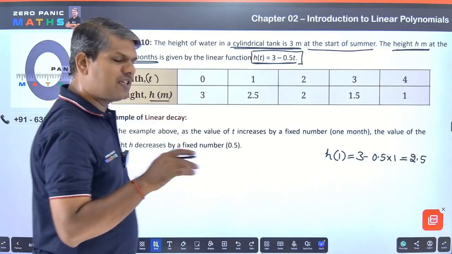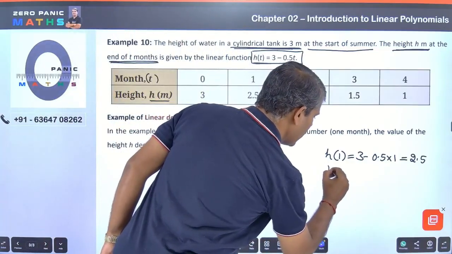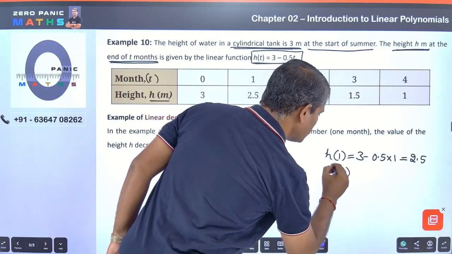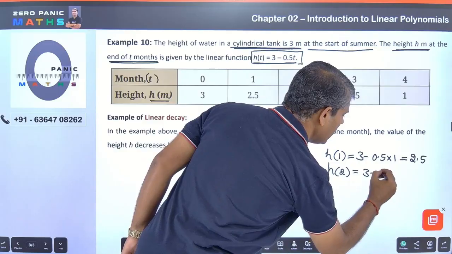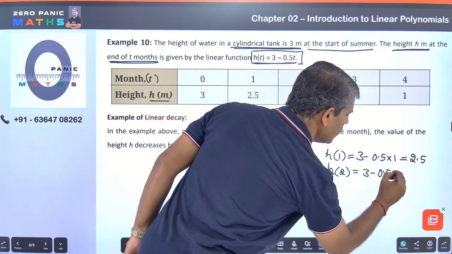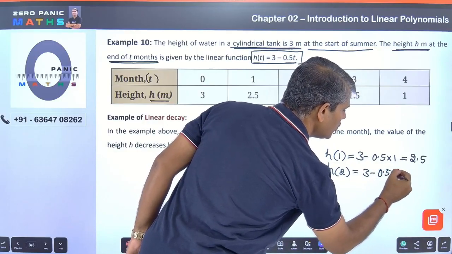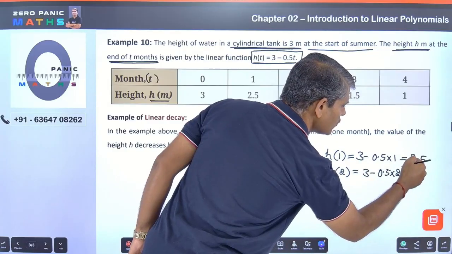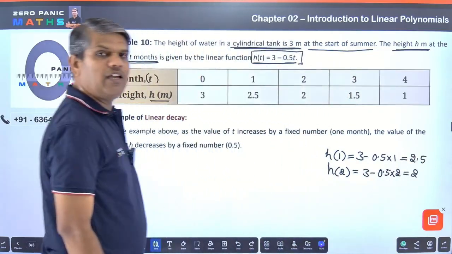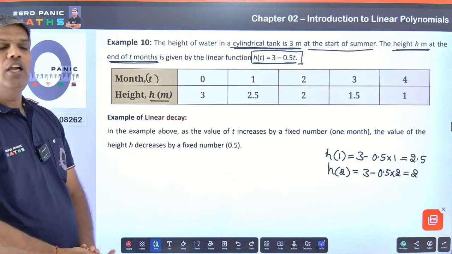Half a meter is decreased. Similarly, for h of 2, after 2 months, 1 meter will be reduced, which is 0.5 into 2. 0.5 into 2 is 1, and 3 minus 1 is 2 meters. Or you can say from 2.5 you are subtracting 0.5 meters again, and it will be 2 meters.